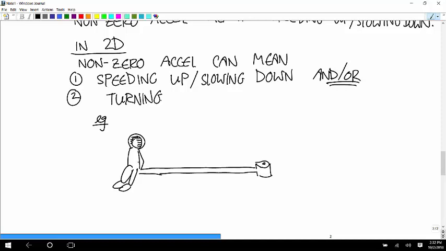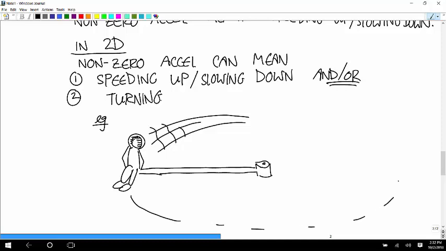You don't really need a helmet for this experiment. You know what I'm talking about? This thing goes around like this.